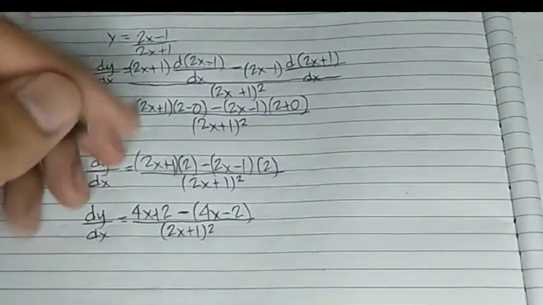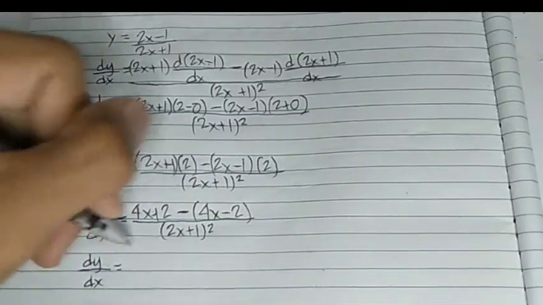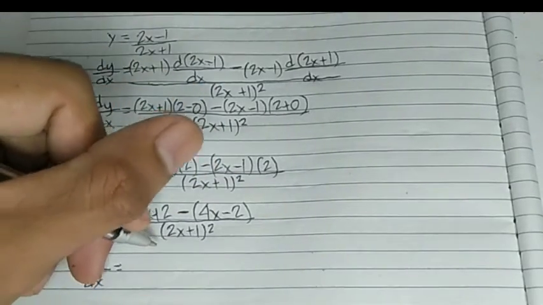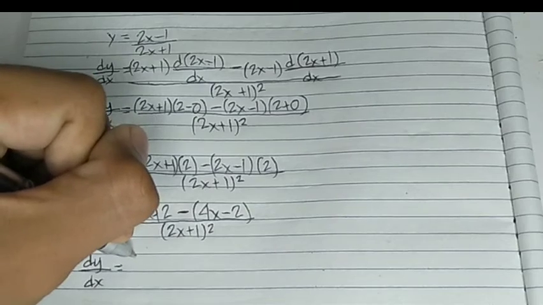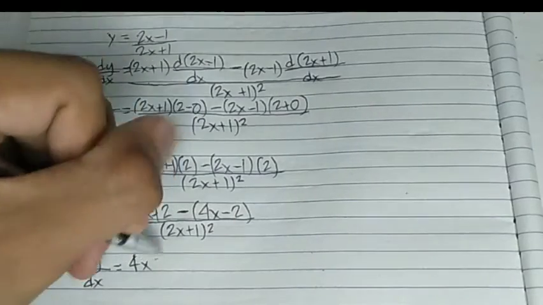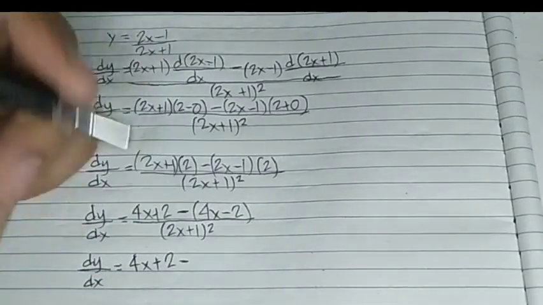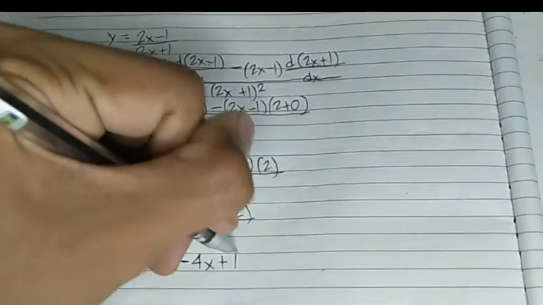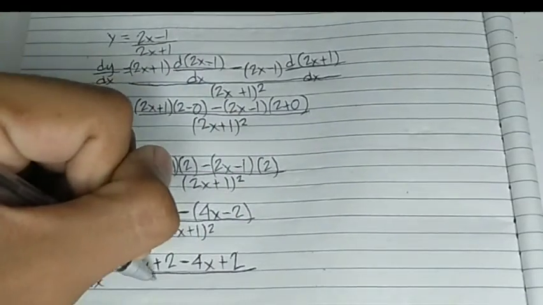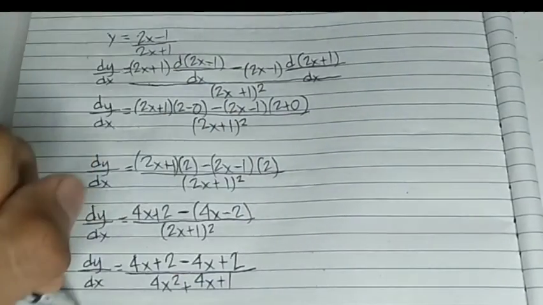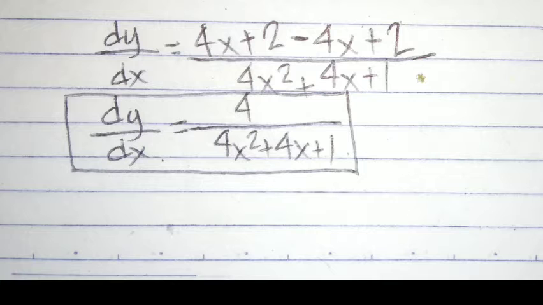Dy over dx is now equal to 4x plus 2, and we multiply the subtraction sign with 4x minus 2, which now becomes negative 4x plus 2, all over 4x squared plus 4x plus 1. Now dy over dx is equal to 4 over 4x squared plus 4x plus 1.